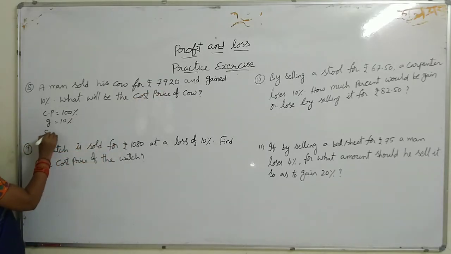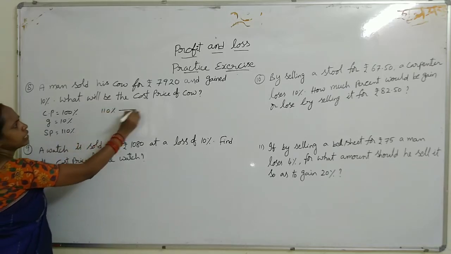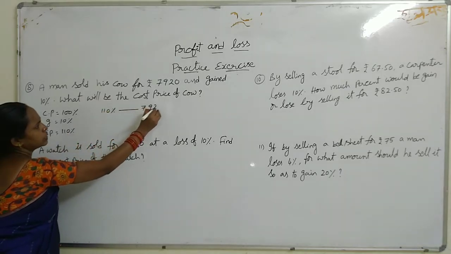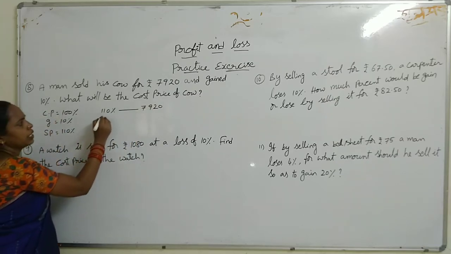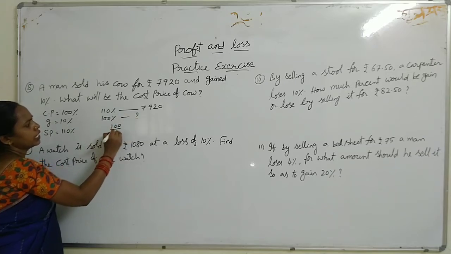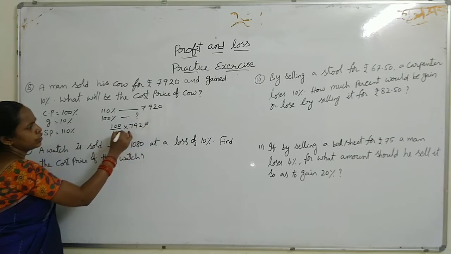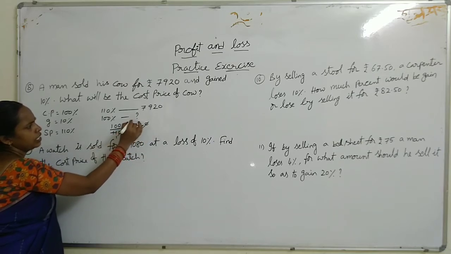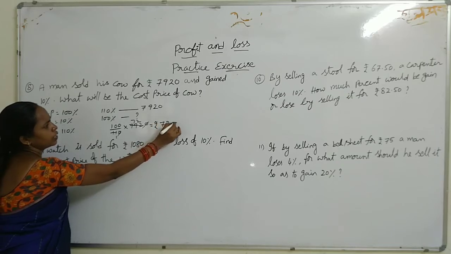So SP equal to 100 plus gain, CP plus gain, that is 110%. So value of 110% equal to 7,920 rupees. Then we have to find out the value of cost price, that is 100%. 100 by 110 into 7,920. 0 cancel, 11 ones, 11 sevens, 11 twos. That is 7,200 rupees.